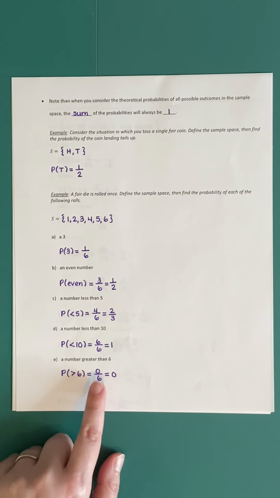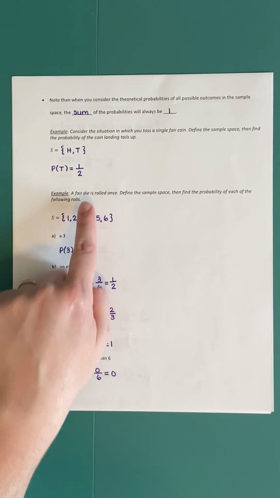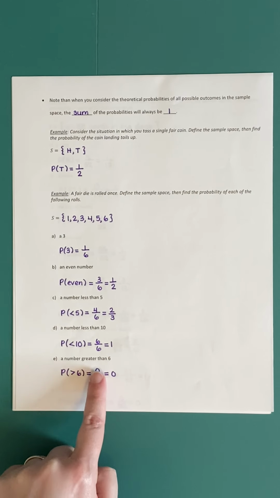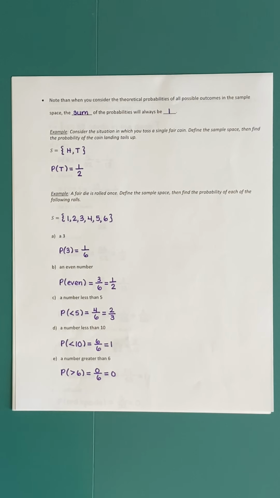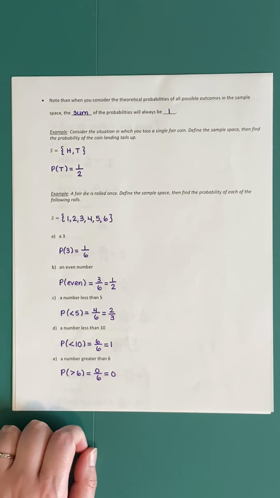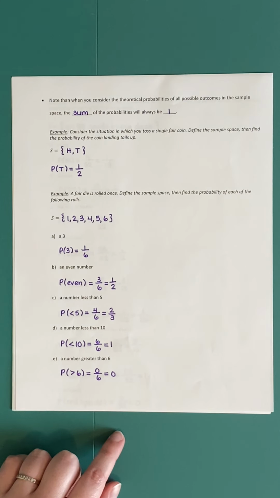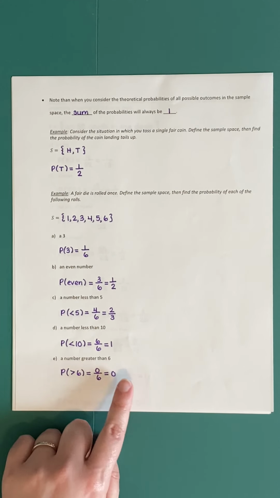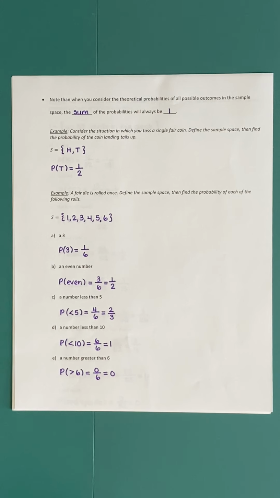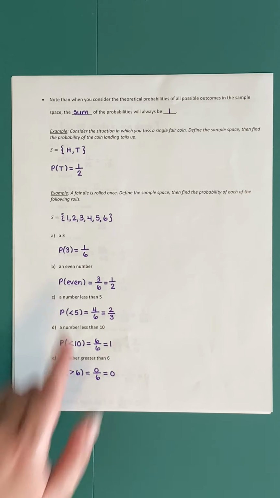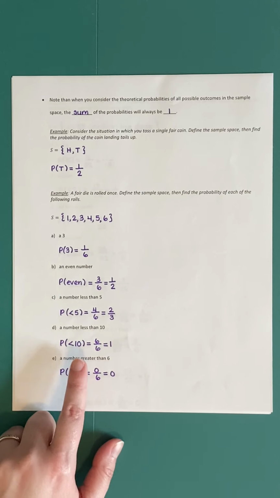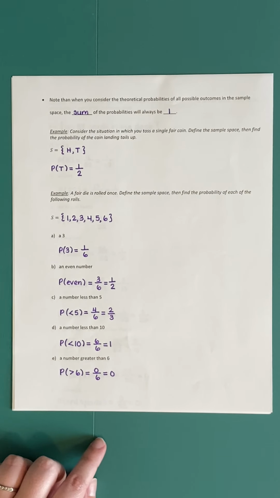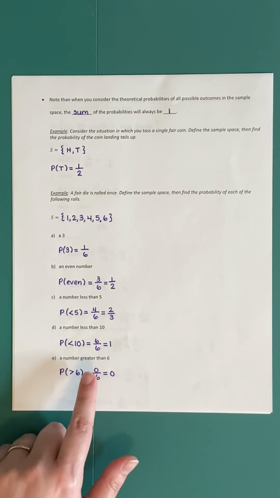So there are 0 ways to roll a number that is greater than 6. So our numerator is going to be 0. 0 divided by 6 is going to be 0. So this particular event has a probability of 0. A probability of 0 means it's impossible. It means there's no way we can perform this experiment and get this particular outcome or this particular combination of outcomes.